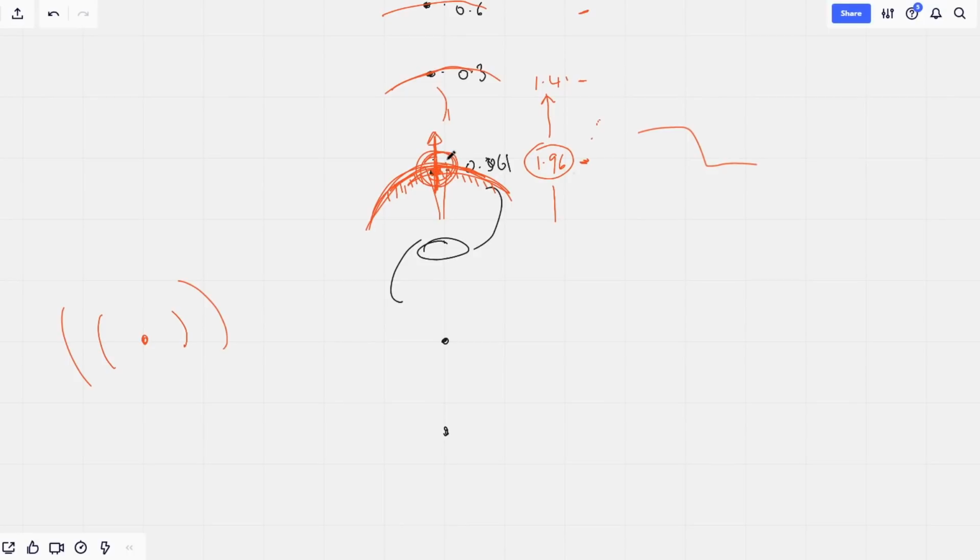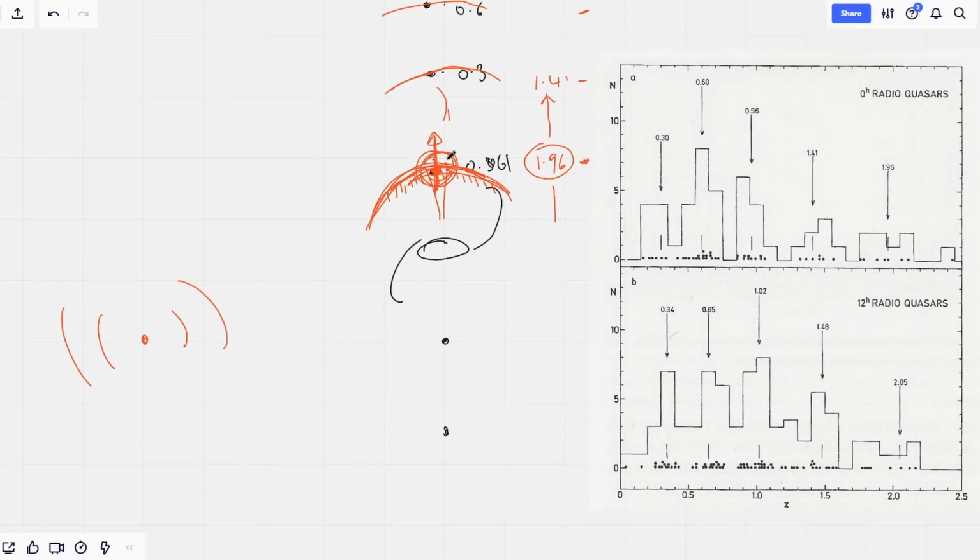And the other interesting side note to all of that is that he also discovered there was a step change. When he was looking at the radio quasars, he looked in two different sections of the sky. One was more local, and one was more associated with the Virgo supercluster. He saw a difference.